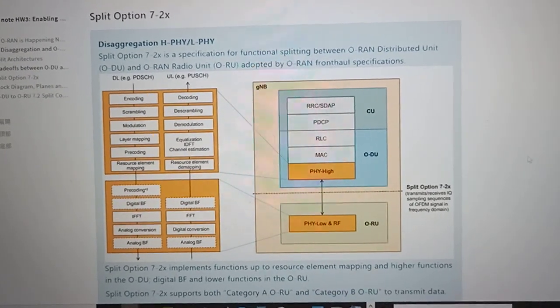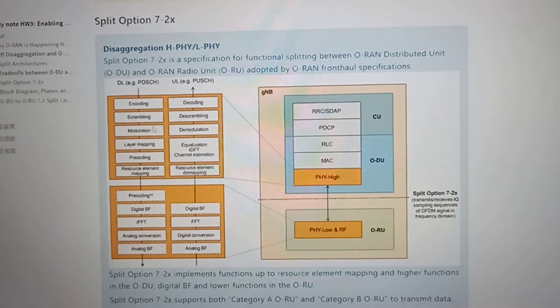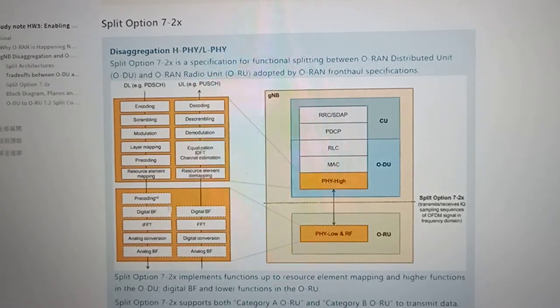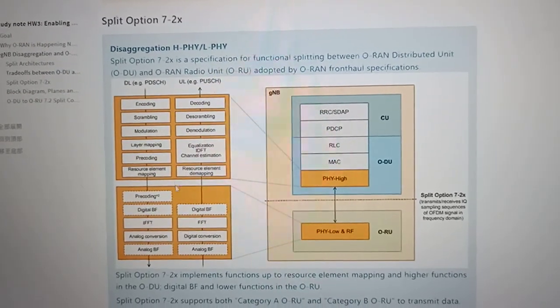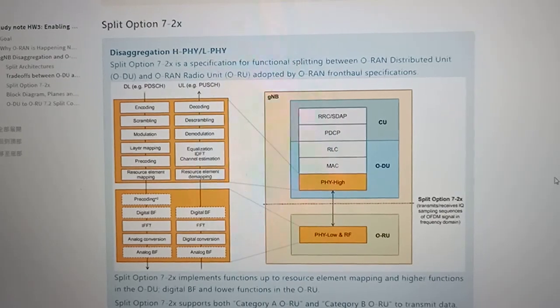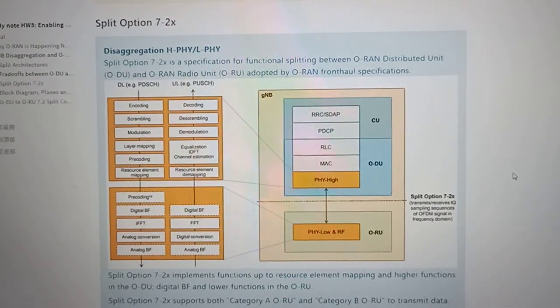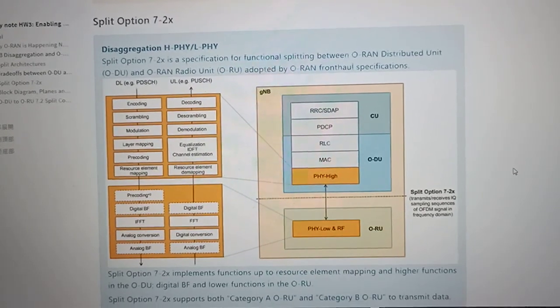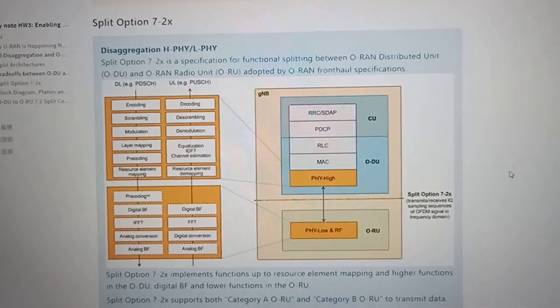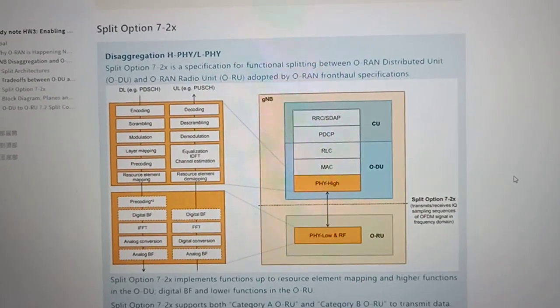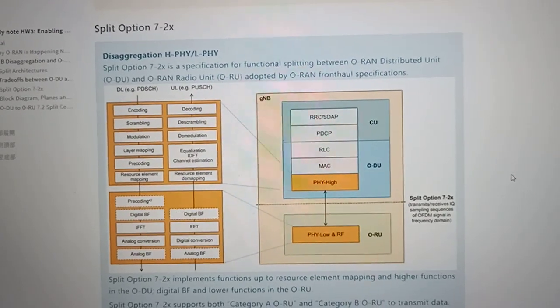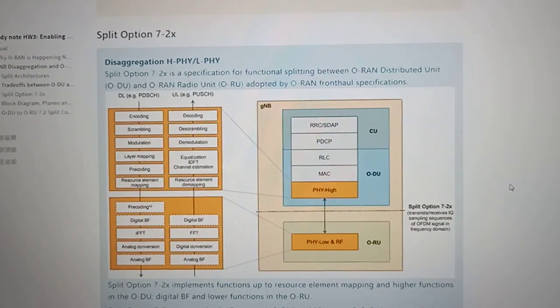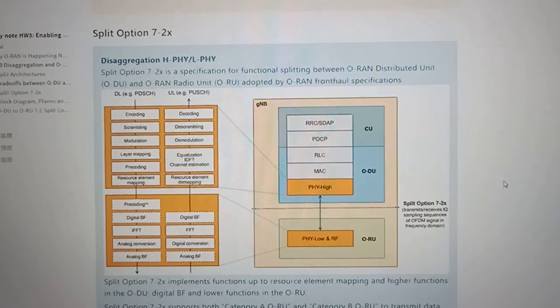You can see the number of functions in the O-DU and the O-RU is almost the same. So I think this is why they use 7.2x as the Fronthaul interface, because the payload of the O-DU and O-RU will be balanced.